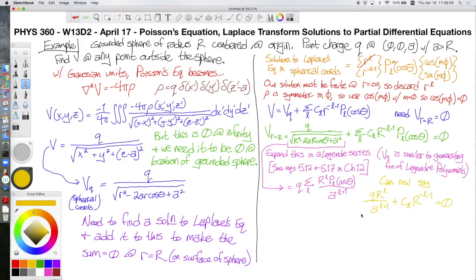And I've canceled out the Legendre polynomials with respect to cosine theta because those appeared in both terms. If this that I've just written in yellow is true, then that means our total potential will be 0 at the surface of the sphere. So from this, we can then solve for C sub L as the following quantity. We get C sub L equals negative q times R to the 2L plus 1 power over a to the L plus 1 power.